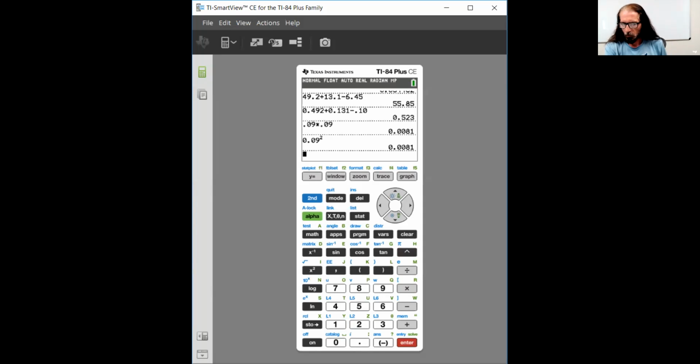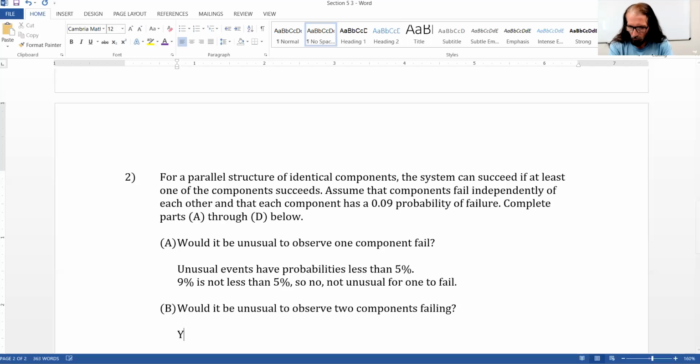Either way, we're getting 0.0081, which as a percent would be 0.81%. That would be less than 1%. So yes, it would be unusual, since 0.81% is less than 5%.